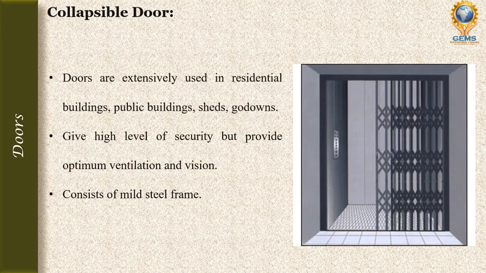So these are extensively used in these types of buildings. Mostly in olden days, it was used in lifts, elevators also. And these types of doors give a high level of security, and also provide optimum ventilation and vision of the outside.